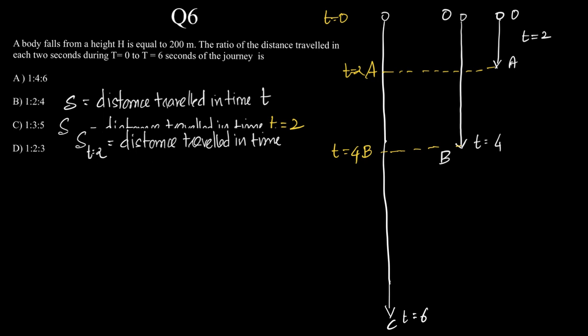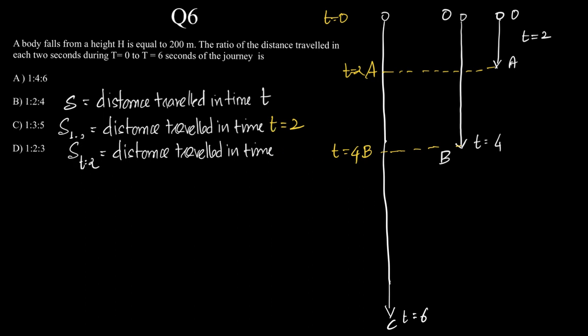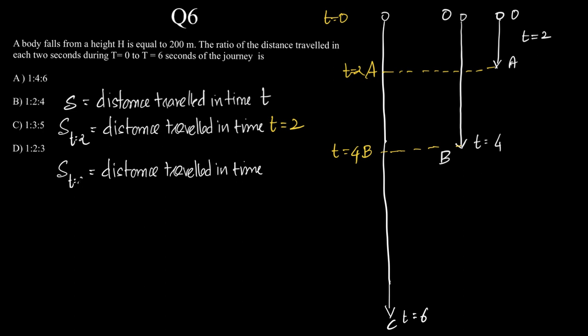Similarly, S at t is equal to 4 is the distance traveled in time t is equal to 4 seconds. And S at t is equal to 6 implies distance traveled in time t is equal to 6 seconds.